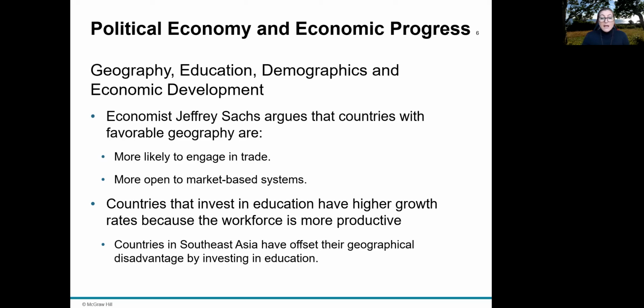Countries in Southeast Asia have offset their geographic disadvantage relative to the rest of the world by investing in education. And indeed, they have even financially supported their citizens to travel to more developed nations to complete their education.